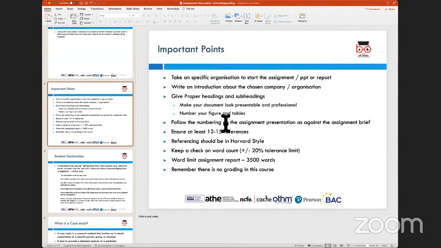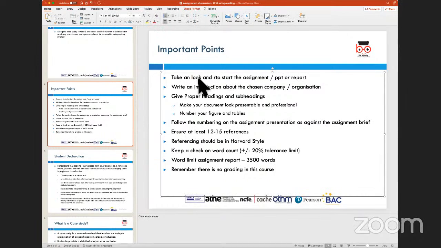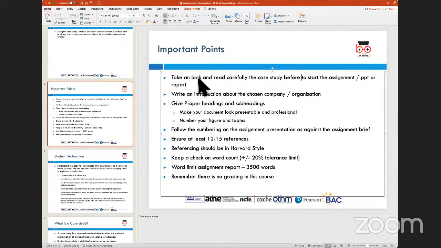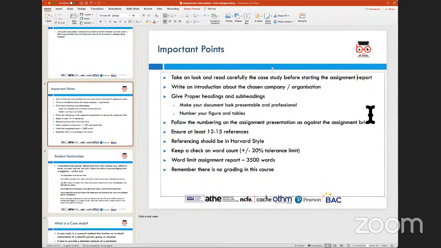Now, some of the important points which I would suggest in this case is take a look and read carefully the case study before starting the assignment. The assignment in this case is an assignment report.